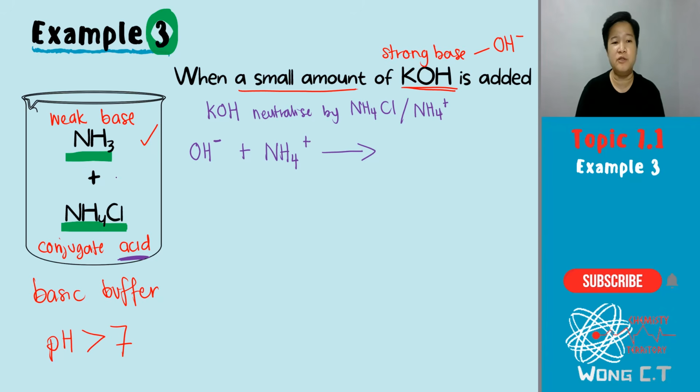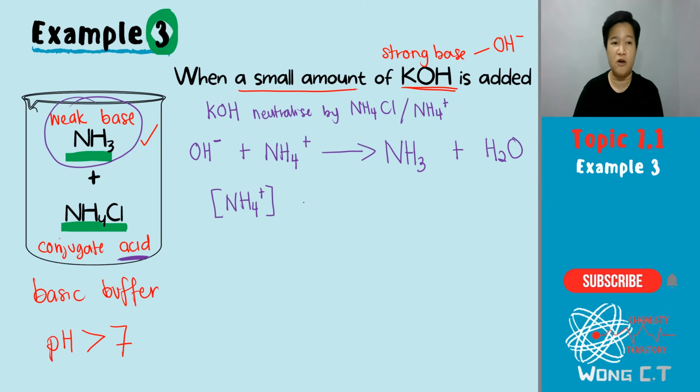Obviously, we will be producing the species that we have in our buffer. So, we will produce our weak base. Okay? So, what is left is your water. So, water as a byproduct over here. Make sense? Simple.